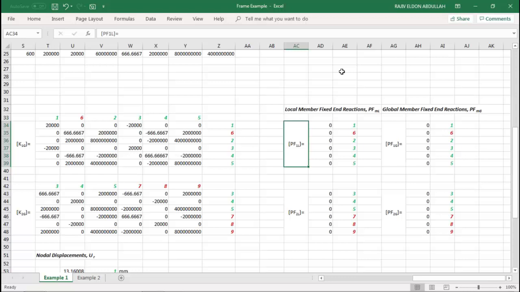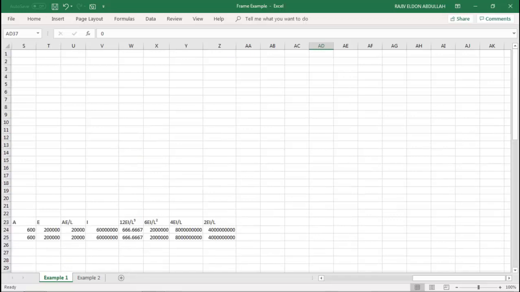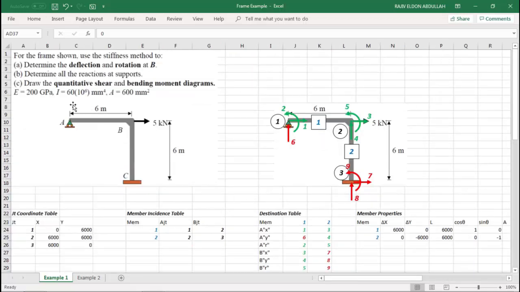Okay, so for the local member fixed end reactions, you need to analyze each member by span. Then get the fixed end moments and the fixed end reactions, then you list them down here. Okay. So since our problem doesn't have any load along the span, that should be 0.